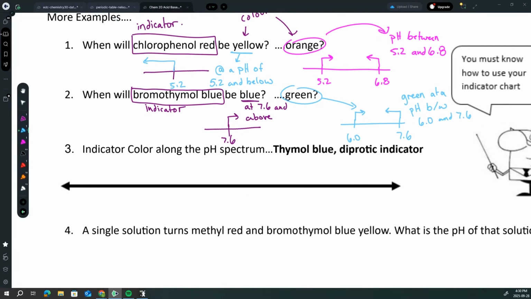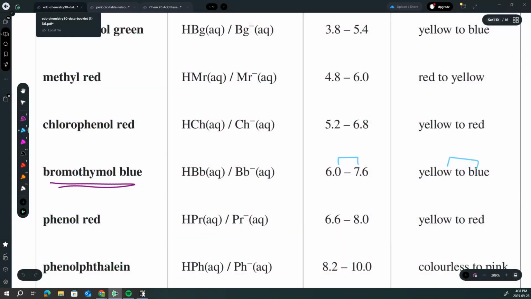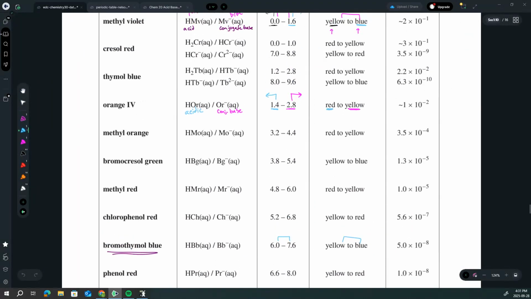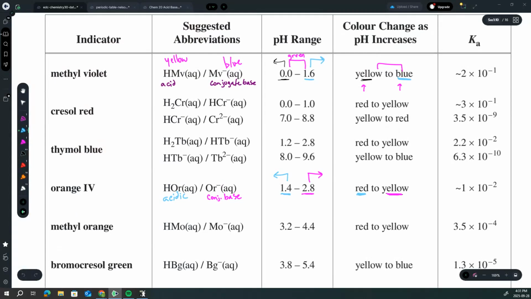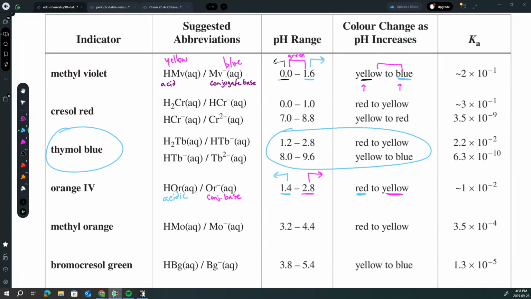Now, in the third question here, we have thymol blue, and we're asked to figure out all the colors. Now, since it is a diprotic indicator, this is actually a special indicator that has a lot of different colors to it. So if we look at thymol blue here, which is right here, notice how there's two lines for it.